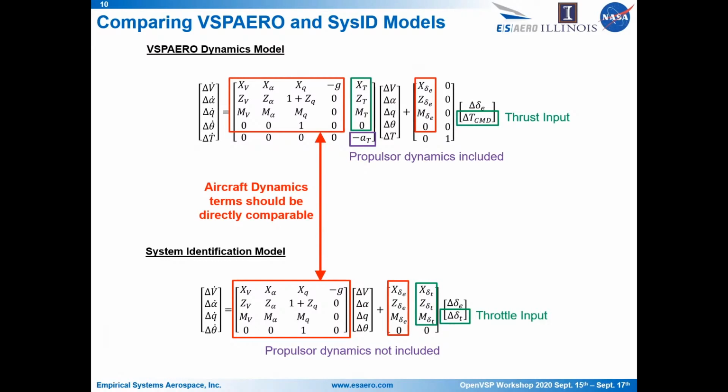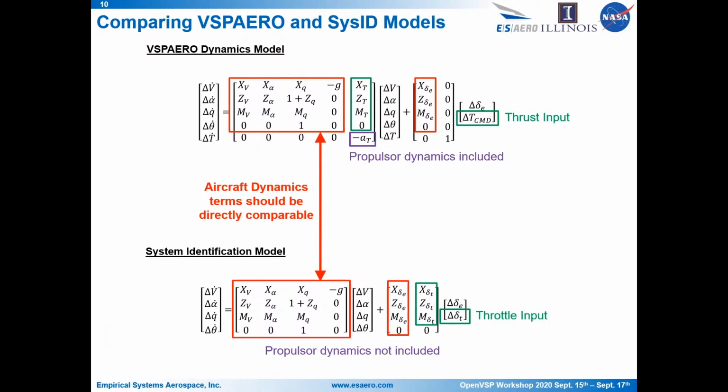The primary way in which they differ is the definition of propulsor contributions to the flight dynamics. As I mentioned before, with our VSPAERO approach, we are looking at differences in thrust input with a propulsor dynamics model included for an actuated response in the aircraft dynamics.